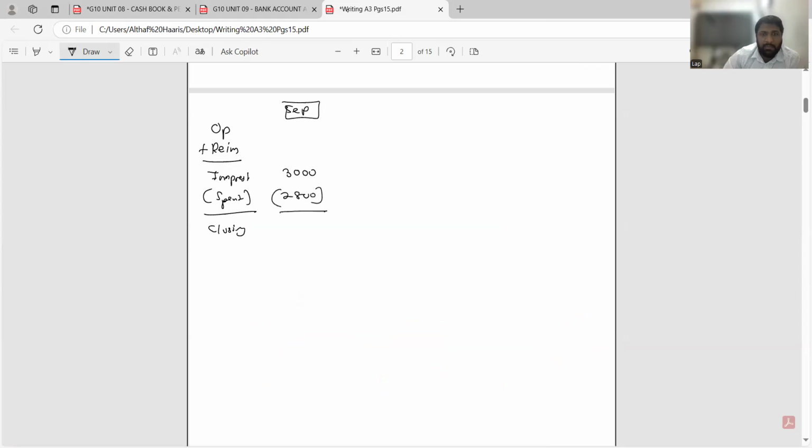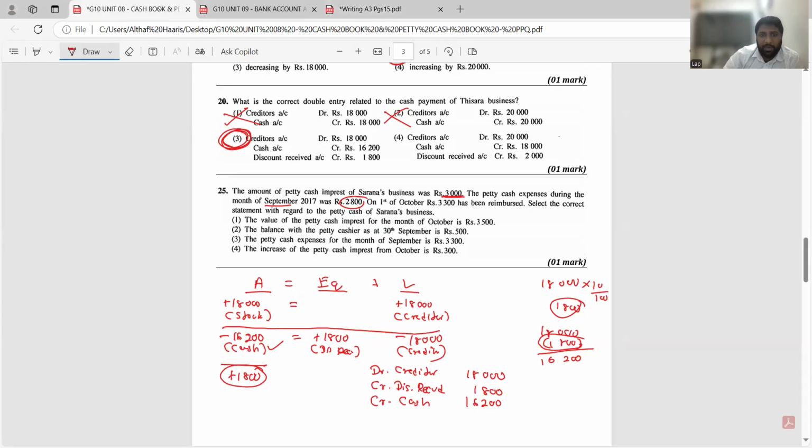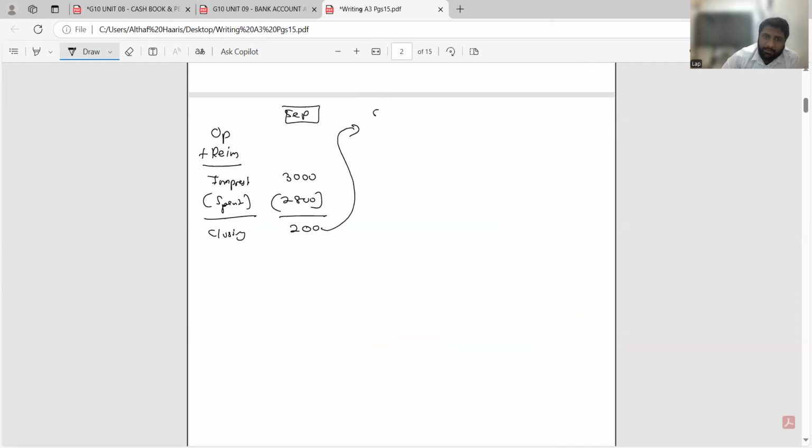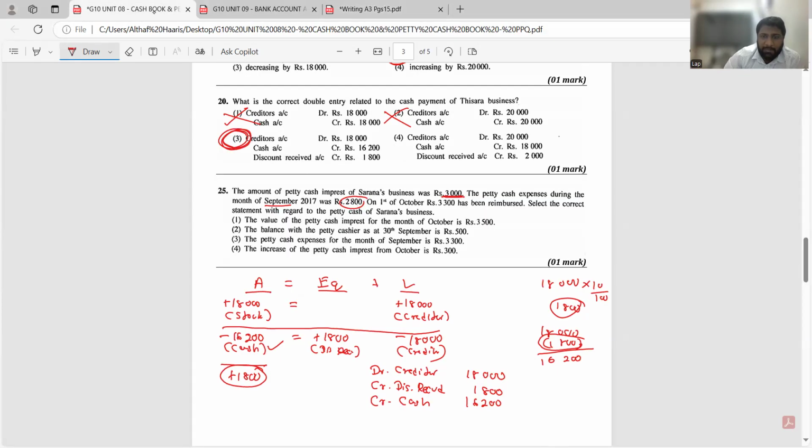Then Lamai, at the end of the month, we had a balance of 200. So this 200 will be the opening balance for the month of October. So always make sure to follow this format. October 200. And next what they are telling, October reimbursed 3,300. 1st October, morning itself, petty cash is getting 3,300.